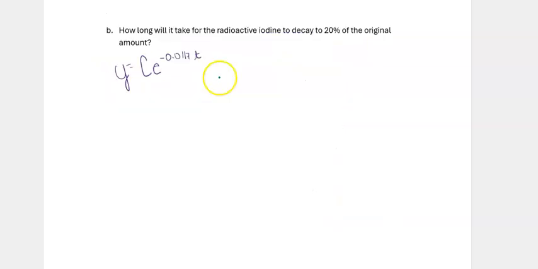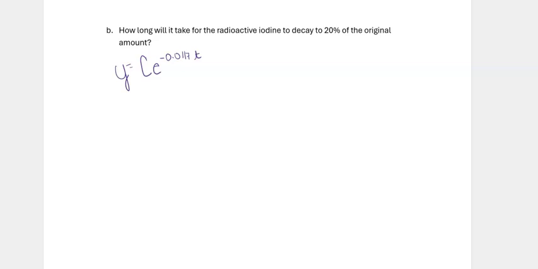Part B says how long will it take for the radioactive iodine to decay to 20% of the original amount. So I don't know what my t is. I need to solve for it. So I'm going to use my general equation, y equals c times e to the negative 0.0117 times t.